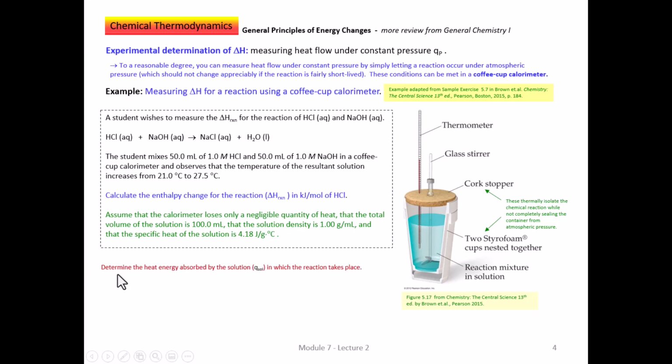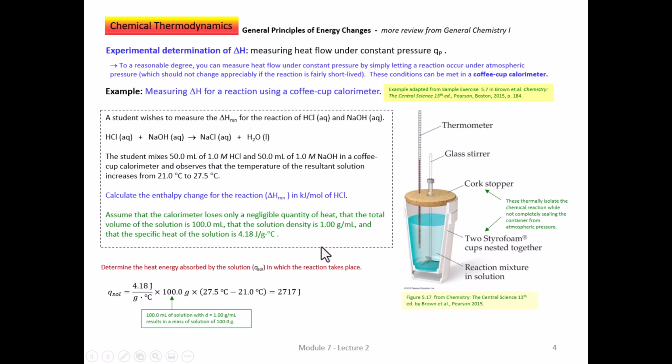So what we'll need to do is determine the heat energy absorbed by the solution, Q of solution, in which the reaction takes place. We can do this by taking the heat capacity, which is given here in joules per gram per degree C, and multiplying by 100 grams. You say, well, where did I get 100 grams of solution?